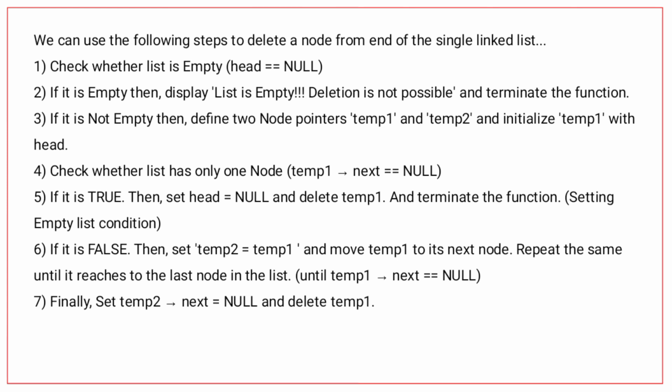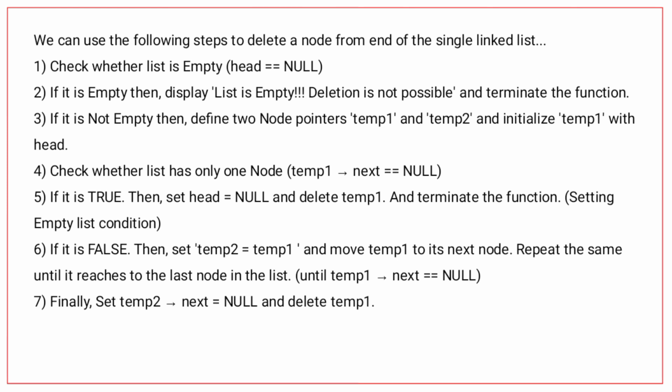Step 4, check whether list has only one node, that is temp1->next equal to null. Step 5, if it is true, then set head equal to null and delete temp1 and terminate the function. Step 6, if it is false, then set temp2 equal to temp1 and move temp1 to its next node.